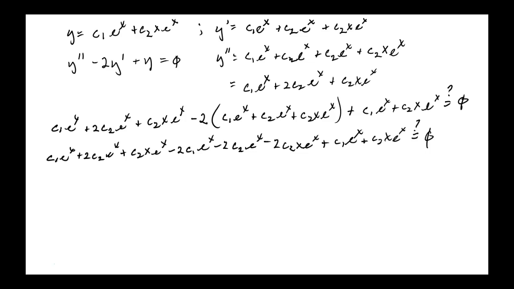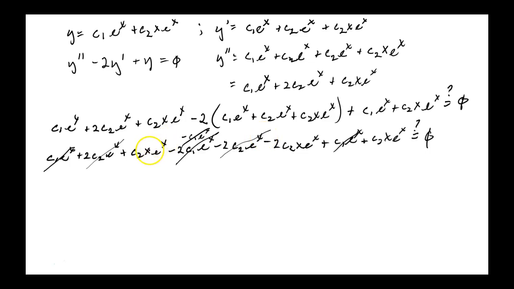All right. Well, here's a C1 e to the x, and we'll combine it with minus 2C1 e to the x. That gives you a minus C1 e to the x. And then here's a plus C1 e to the x, so that wipes that one out. So those go away. Okay? Here we have 2C2 e to the x minus 2C2 e to the x, so those go away.